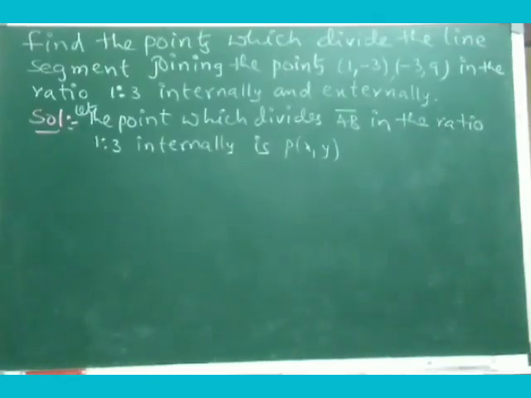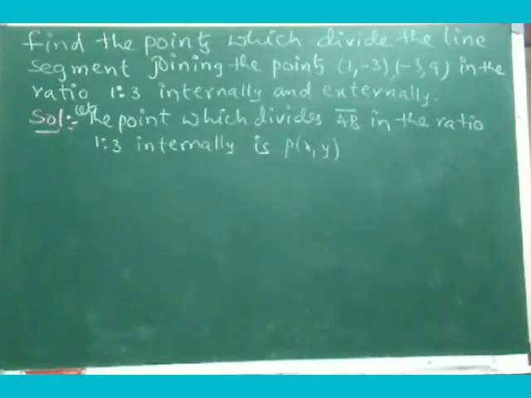So coming to the first question: find the points which divide the line segment joining the points (1, -3) and (-3, 9) in the ratio 1:3 internally and externally.